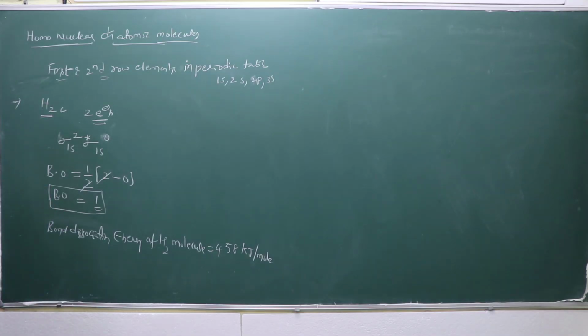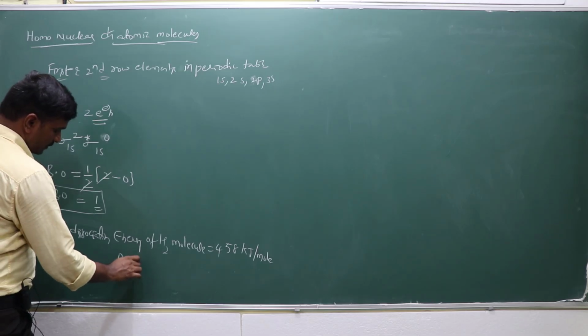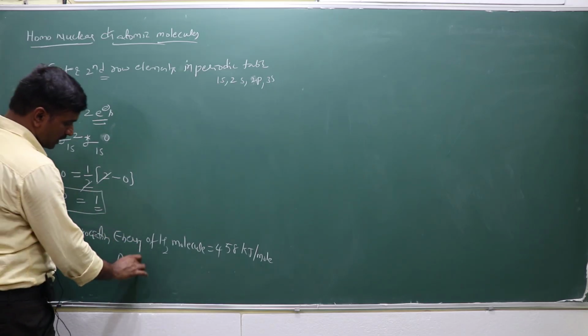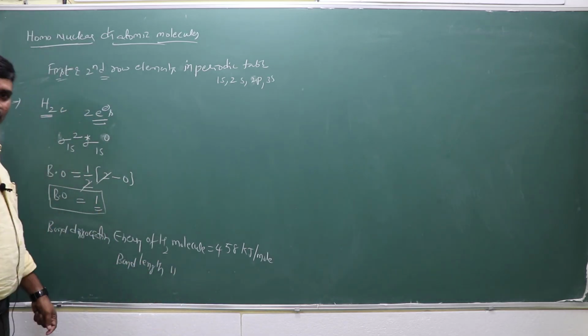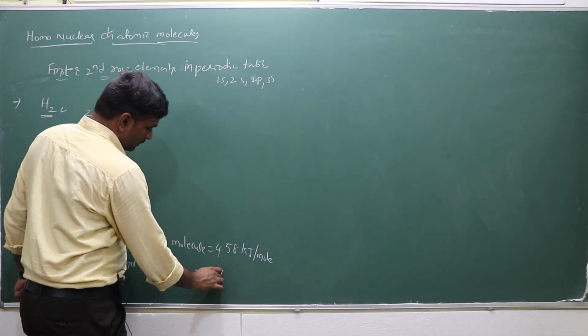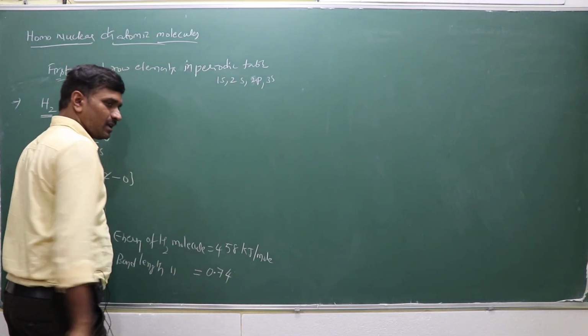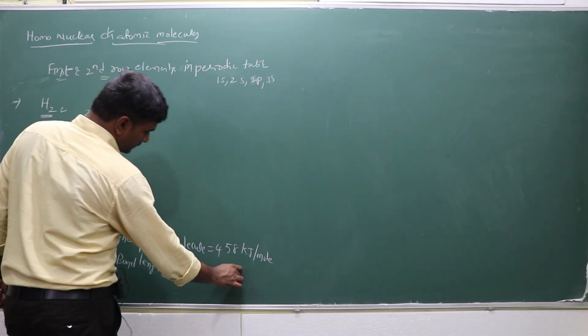The bond dissociation energy, as well as the bond length between the two hydrogen atoms. The bond length of the H2 molecule, between the two hydrogen atoms, is 0.74 angstroms.